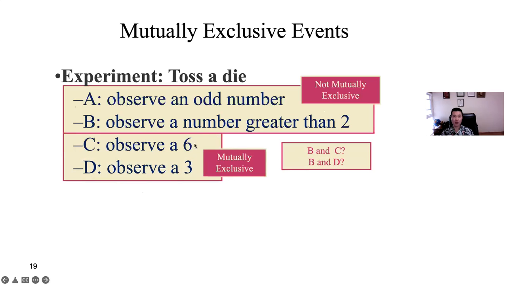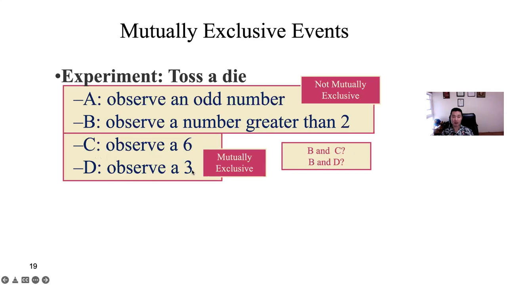So how about event B and C? Event B is more than 2, so 3, 4, 5, and 6. Event C is we get 6. So event B and C are not mutually exclusive, because if we get number 6, event B occurs, and so does event C. How about B and D?